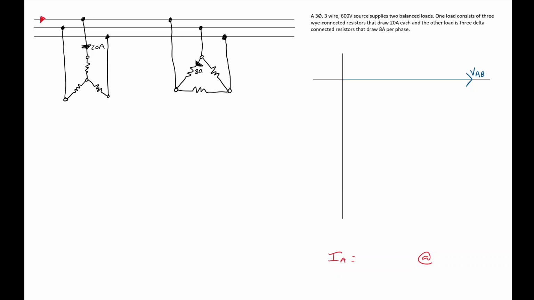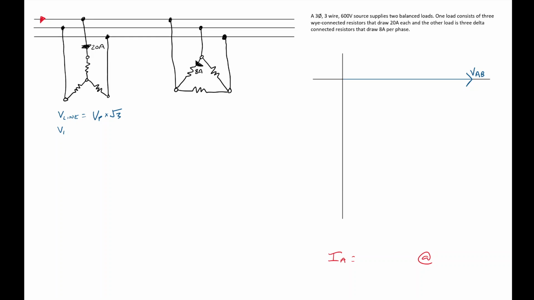So I'm just going to apply a lot of my basic Y delta rules here. I've got a phasor diagram on the right hand side. So first things first, I've got my VAB there. When I'm solving my Y connection, I know that V line, which would be VAB, equals V phase times root 3.